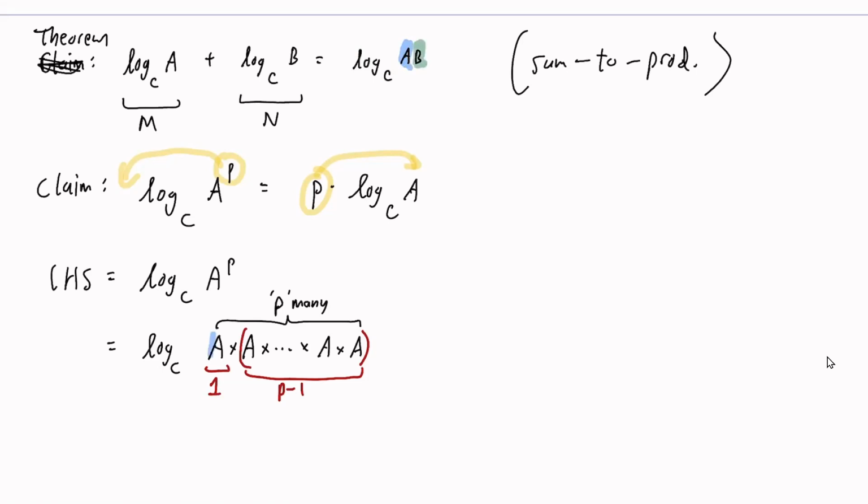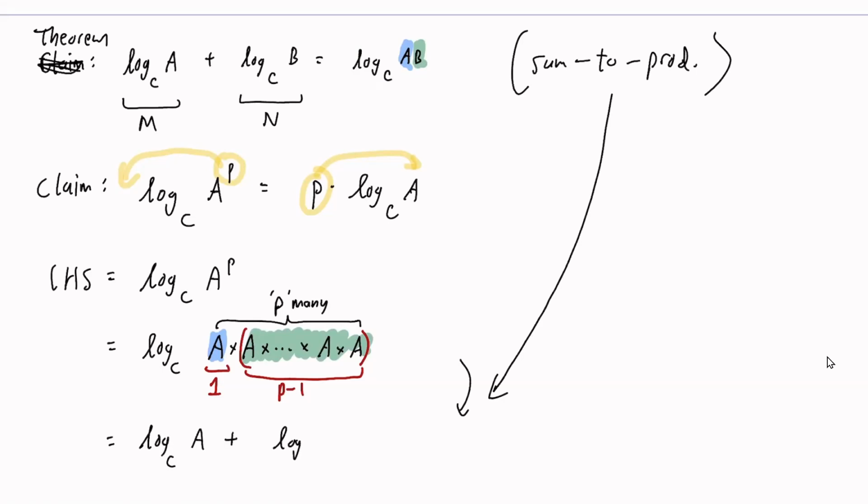So this part would be your blue, that part would be your green. Then you can make use of the rule here and split it up as log a base c plus log a times dot dot dot times a base c. But now there's only p minus one of them. This one only one of them.